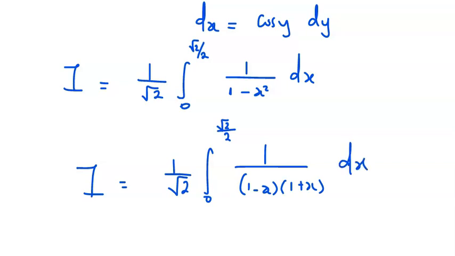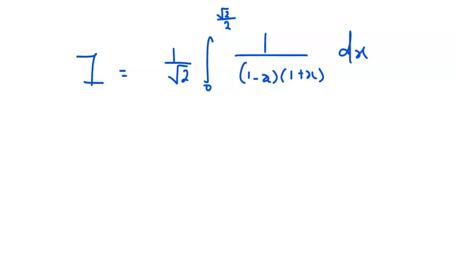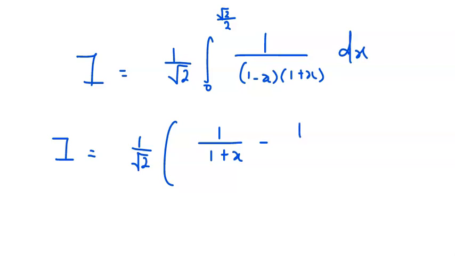So partial fraction decomposition is easy enough. So what are we going to have? If you write this as 1 over 1 plus x minus 1 over 1 minus x.